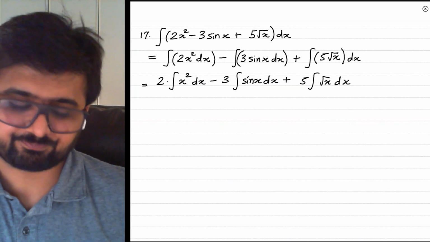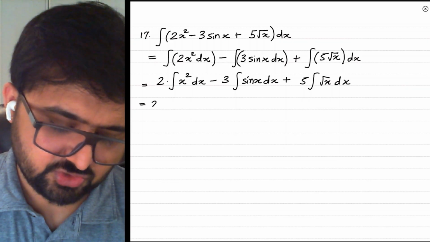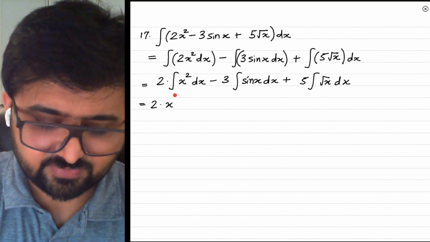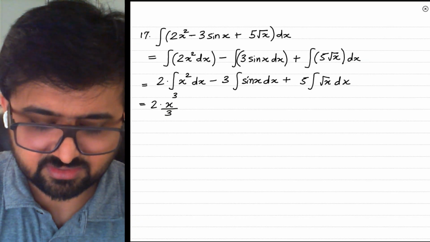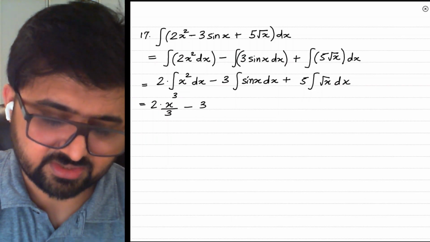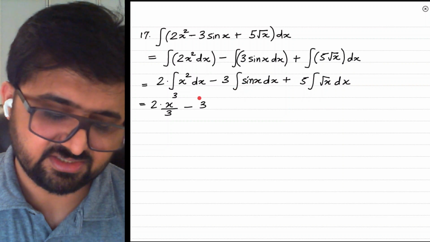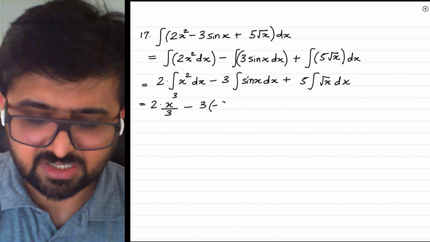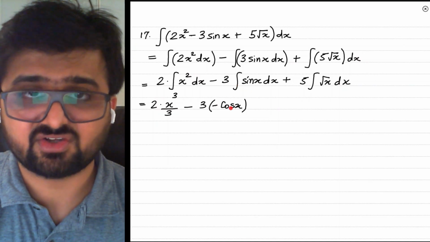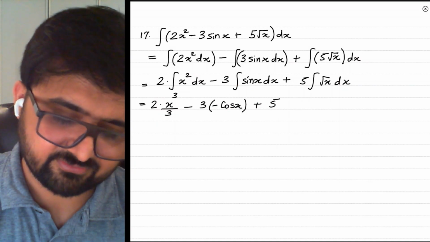Okay. Now it's very easy to integrate. You can just say 2 integral of x squared dx is x to the power 3 over 3, minus 3 integral of sine x, which is minus cos x. Integral of sine x is minus cos x, as we discussed in the formula list, plus 5.